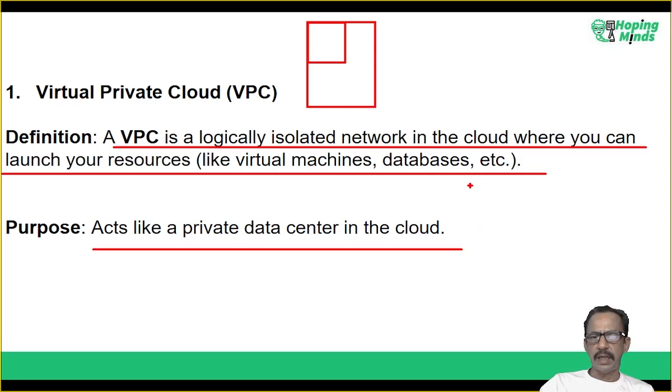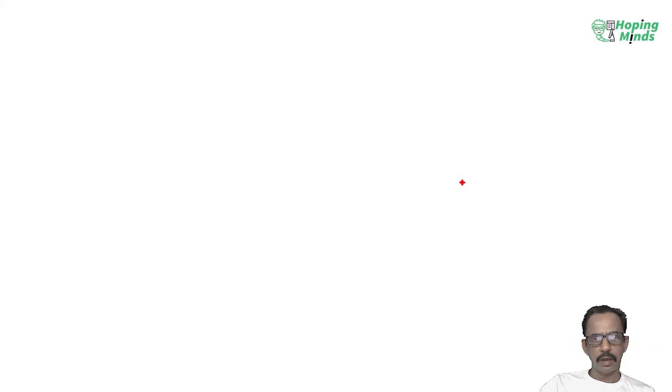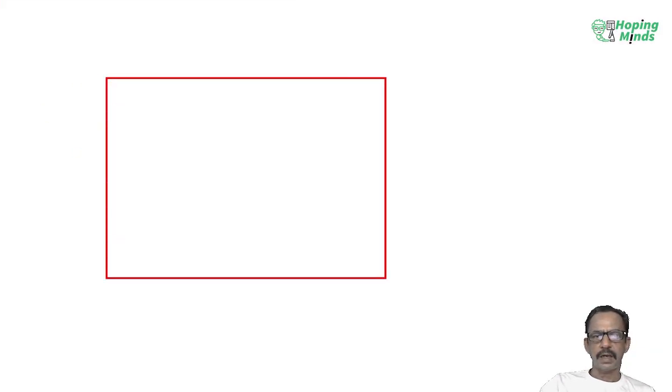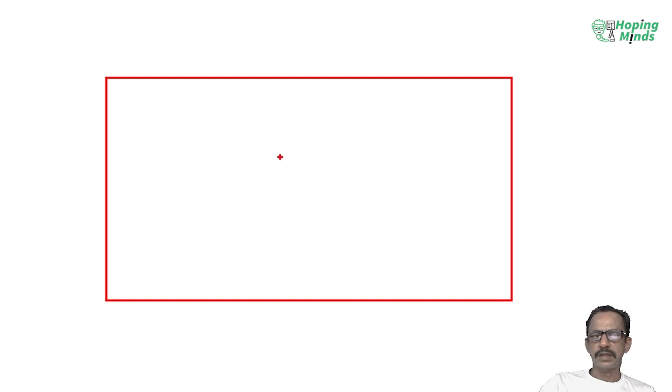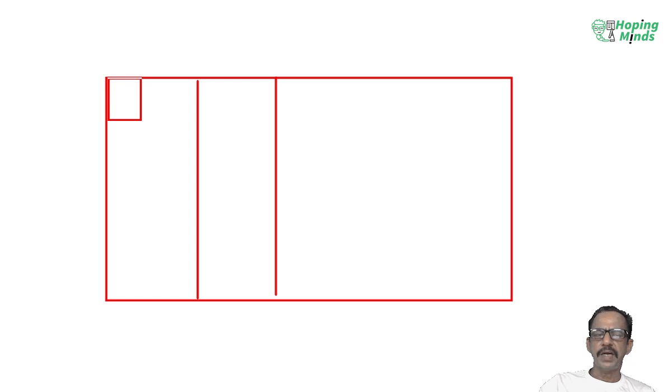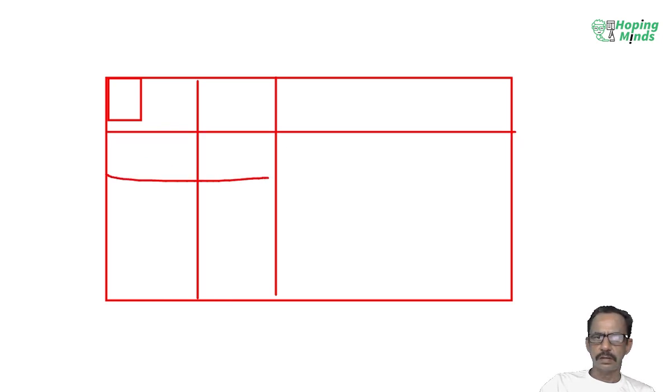You can consider it like this: this is the complete cloud, and in this cloud we have different regions and availability zones. Within a region, your own personal data center is like a building with different floors, and on one floor you have your apartment.